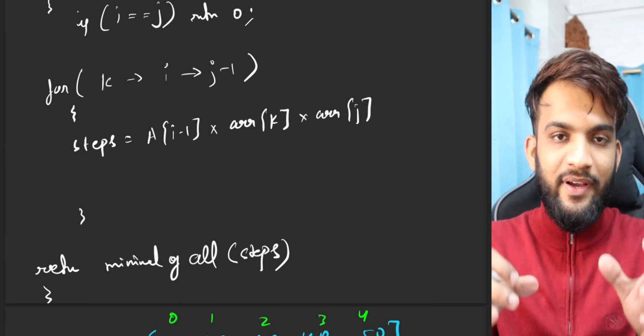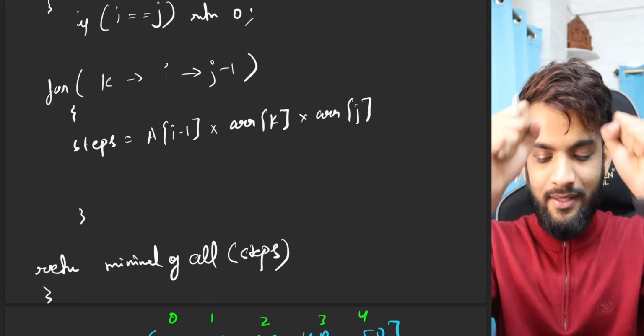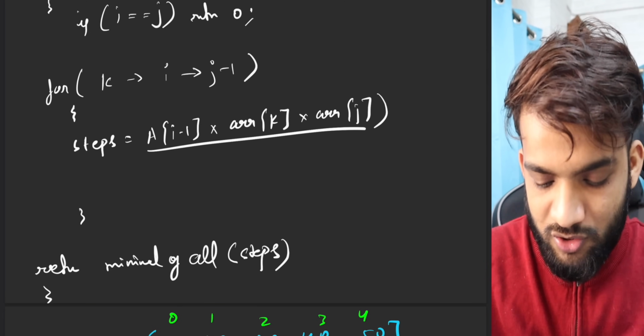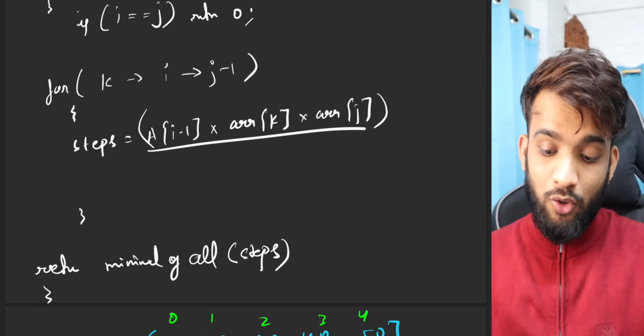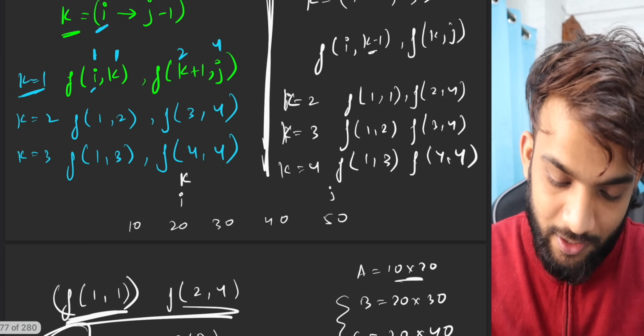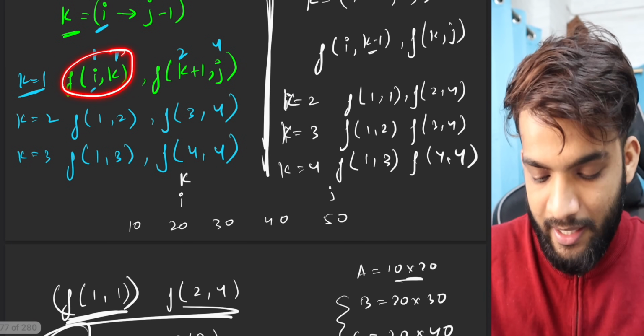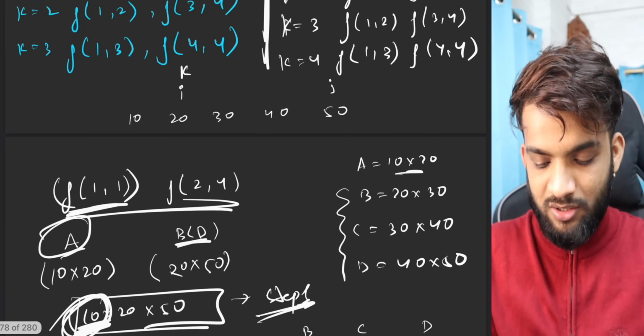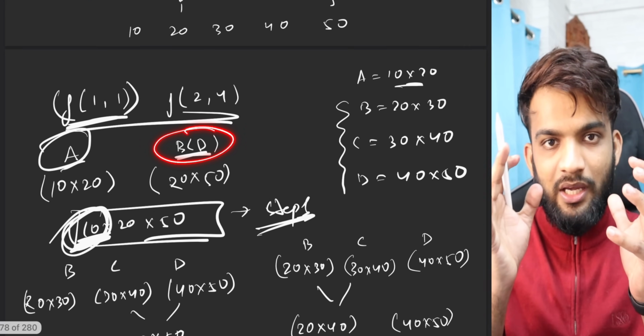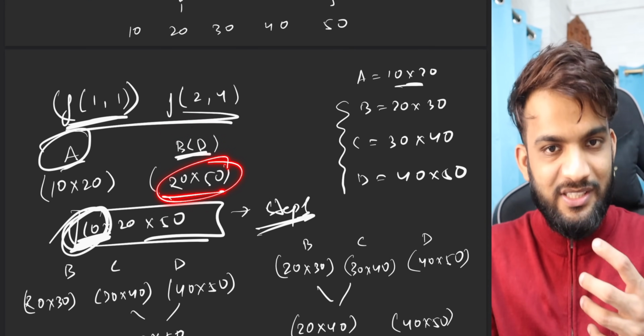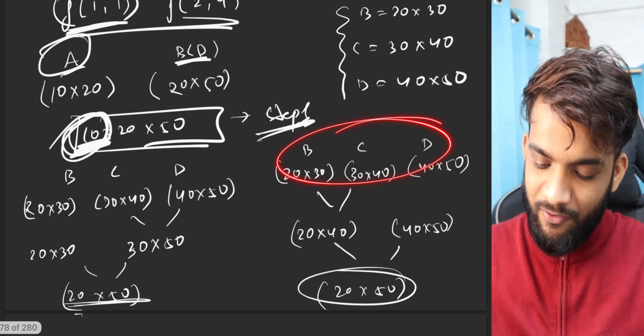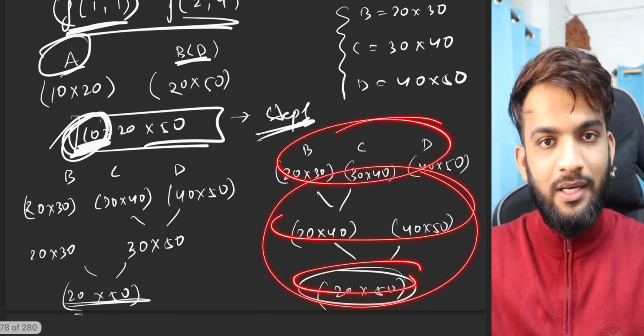So basically that signifies that you had two parts. When you combine them, the number of steps required will be this, right? Now you had two partitions. What are the two partitions? f of i comma k and f of k plus 1 comma j, because BCD in itself will take some number of steps to get multiplied.